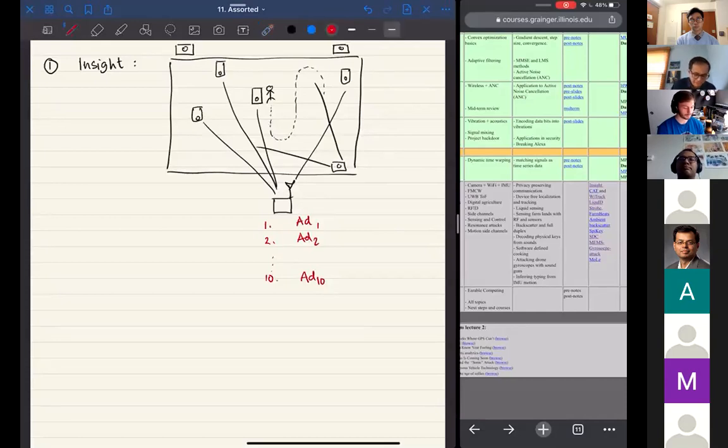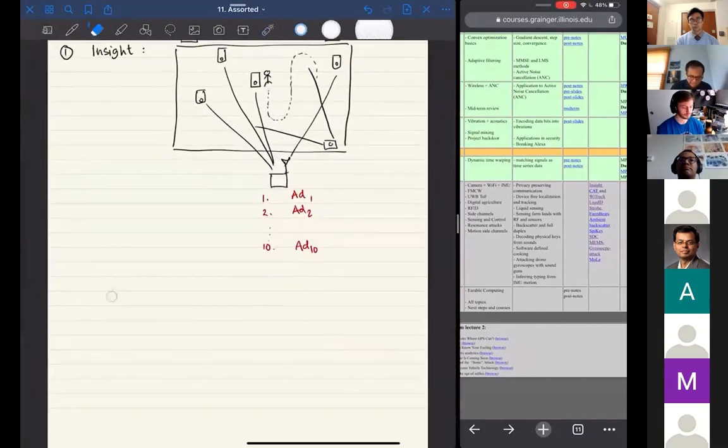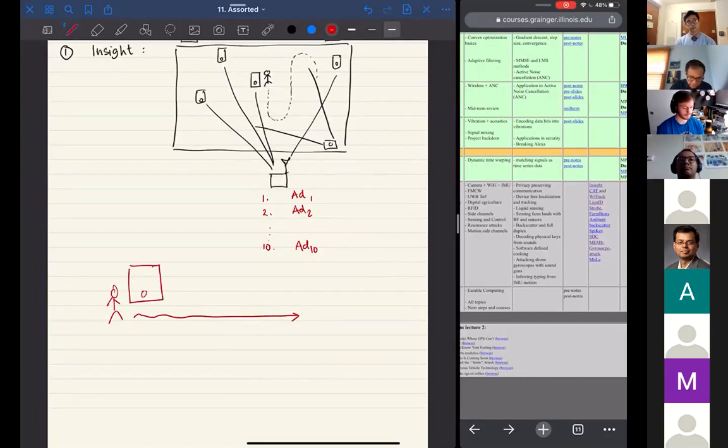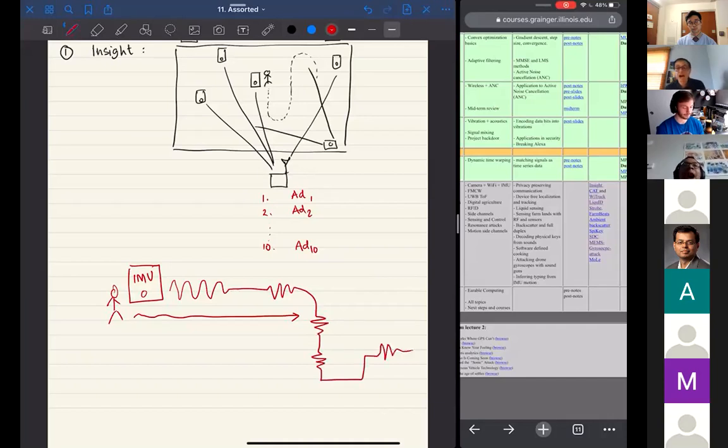Okay. Here, the idea is as follows. Let's say this person is Alice. Alice is walking down some aisle and Alice's phone has her IMU on. The IMU measures walking, maybe stopping, maybe walking again, maybe turning, again walking, turning, stopping, right? This is what the IMU is measuring. Make sense?